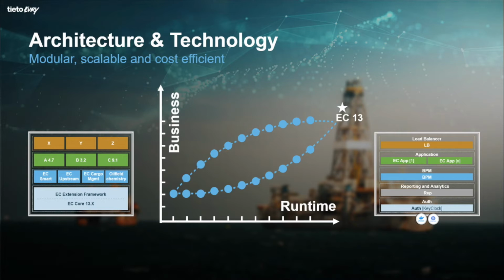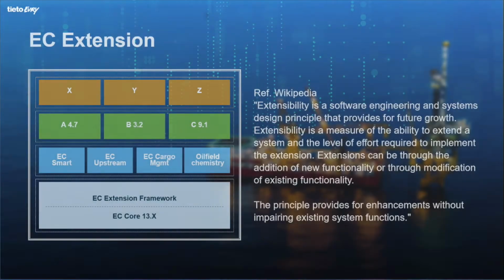We have one element showing the business or the functionality side of things, and then another one which is, how are we catering for running energy components in a modern world? With these two dimensions and going towards EC13 and what we're going to ship there, I'm going to go into a bit more detail on each and every one of these in the following slides.